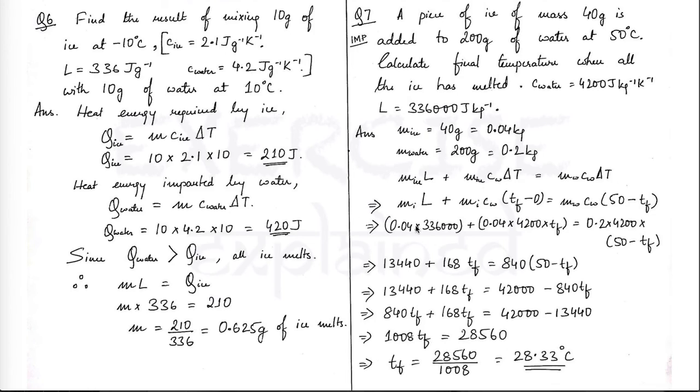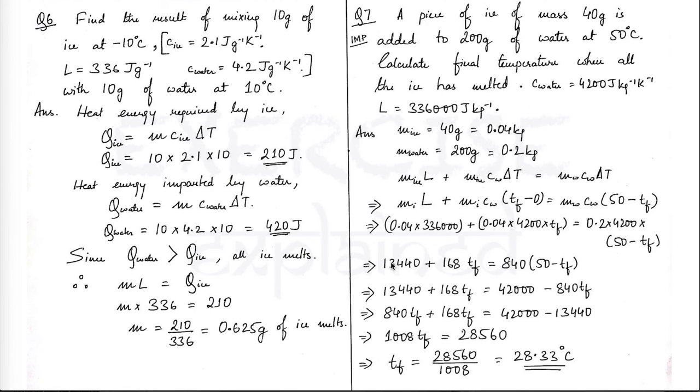So 0.04 into 336,000 gives us 13,440, plus 0.04 into 4,200 gives us 168 Tf, is equal to 0.2 into 4,200 gives us 840, bracket of 50 minus Tf.